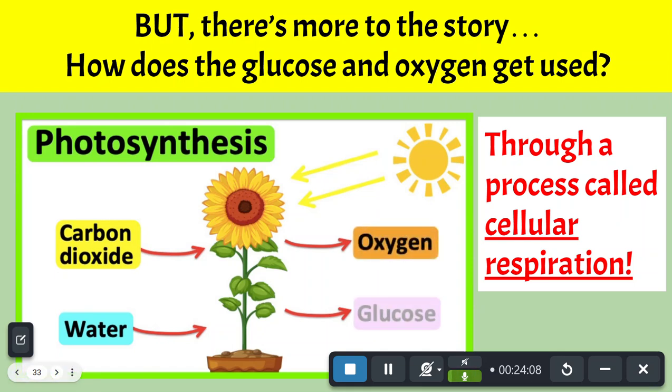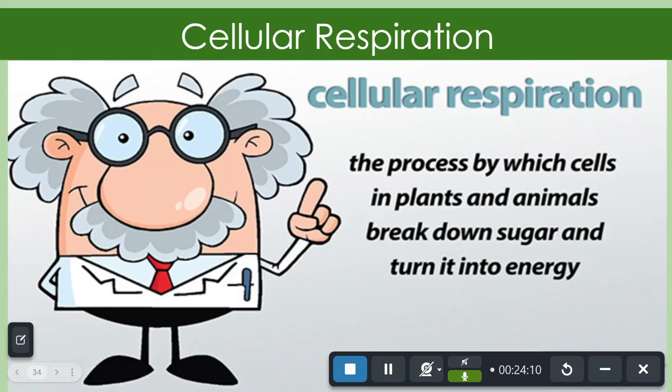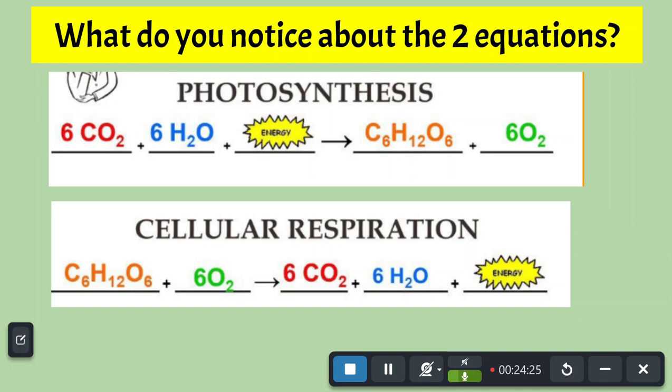So let's take a look. All right, so cellular respiration is the process by which cells in plants and animals break down sugar and turn it into energy. Okay. So here's our 2 equations.